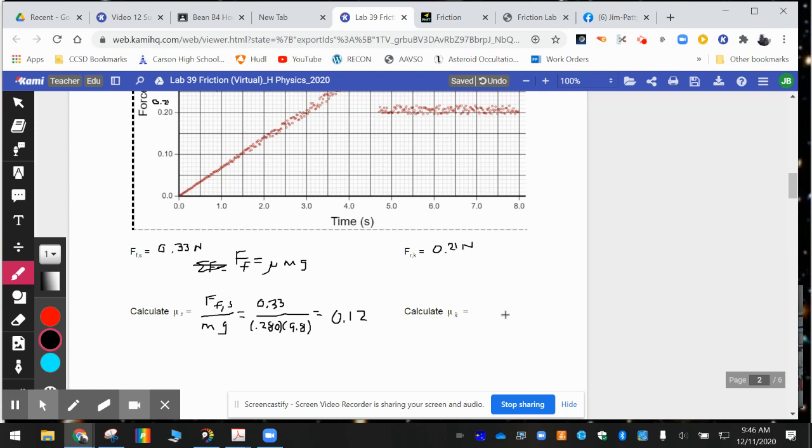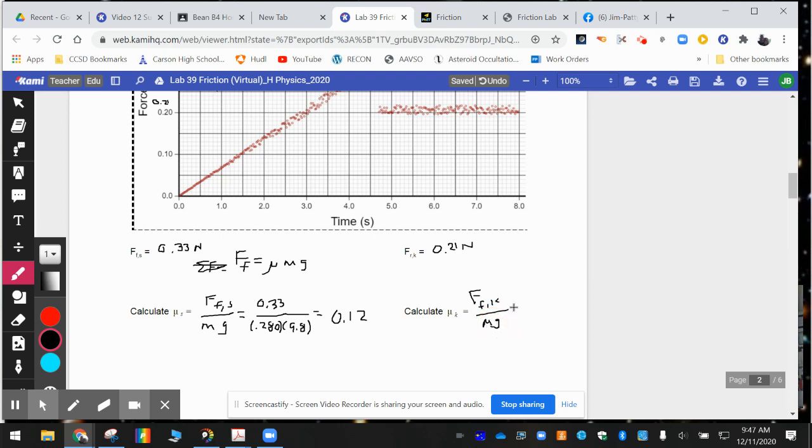Same thing. Force of friction, kinetic. Okay, time out. Let me erase it. All right, hold on. Erase that. So it's going to be the force of friction, kinetic, divided by mg.